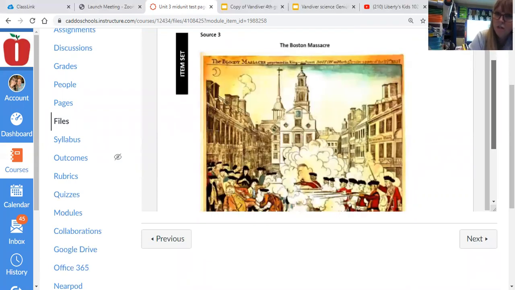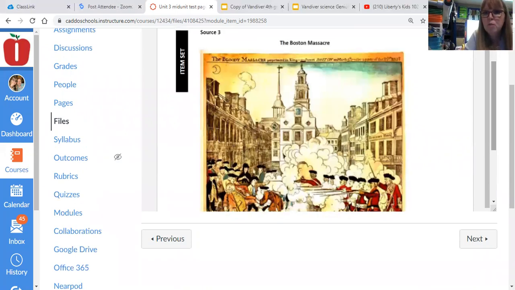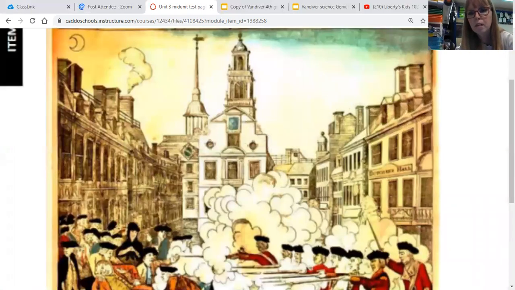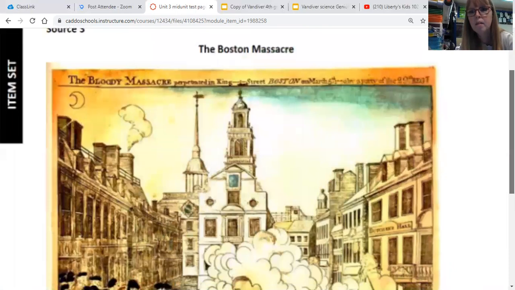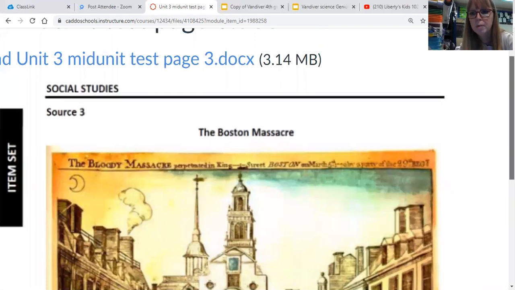So here's an image of the Boston Massacre. And it says, the bloody massacre perpetrated in King Street, Boston on March 5th. Let me see if I can read any more of it. Party of the 29th Regiment, it looks like it says.